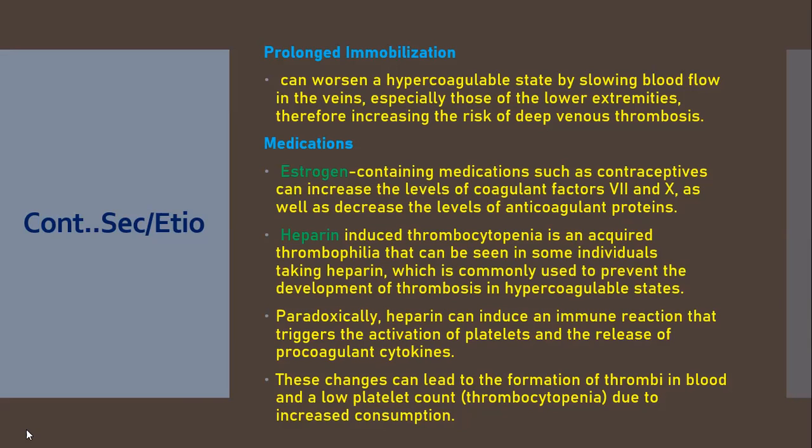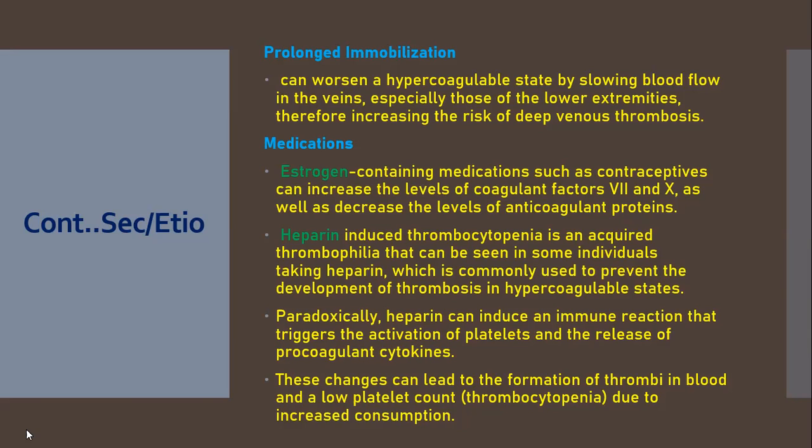And for medications, estrogen is one of the medications that can increase the risk of thrombosis, as it can increase the levels of coagulant factors 7 and 10, as well as decrease the level of anticoagulant proteins. And heparin is another medication. This can induce thrombocytopenia, or low level of platelets, and this is an acquired thrombophilia that can be seen in some individuals who are taking heparin, and heparin is commonly used to prevent the development of thrombosis in hypercoagulable states.